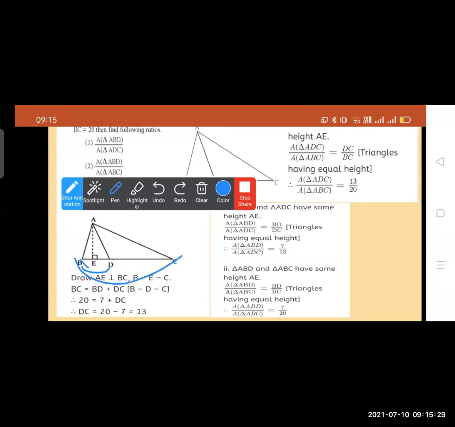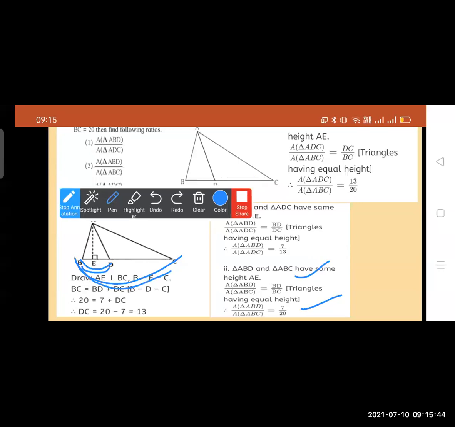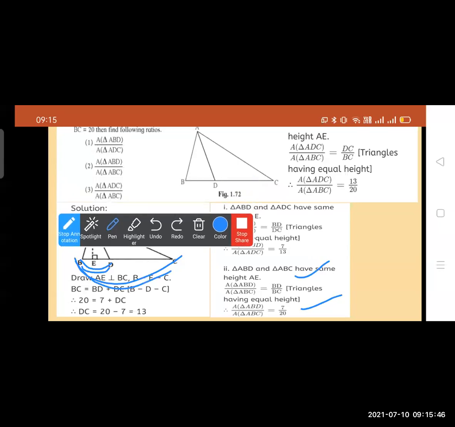Here B1 is BD and B2 is BC, and BD is 7 and BC is 20. So here we find the ratio 7 by 20. Okay students, now the third one.